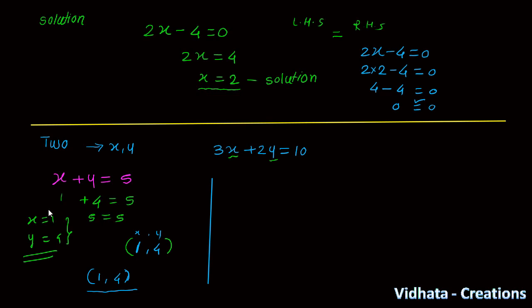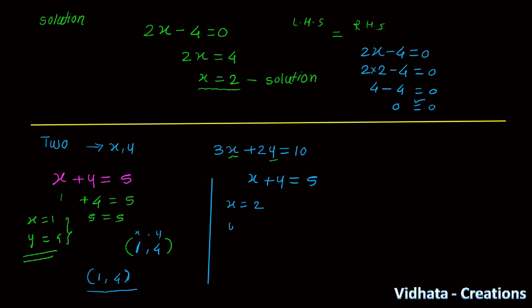Now first of all, we got the solution (1, 4), you can see over here. But suppose we have the equation x plus y is equal to 5, which is a linear equation in two variables, and I take the value of x equal to 2. Then by simple observation you can find the value of y.